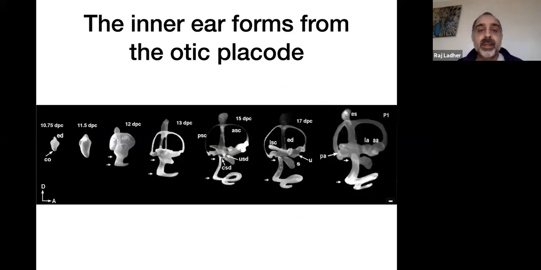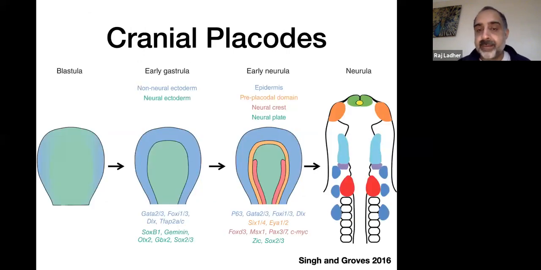Just because it's my research, I'm going to quickly talk about what's known about how the inner ear forms, as a way of describing the induction of a placode, and the hierarchical steps that the preplacodal domain takes to subdivide into a particular sensory placode.